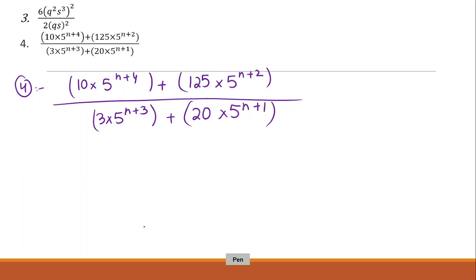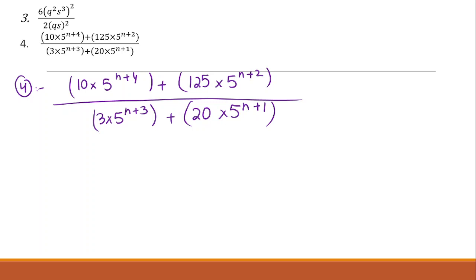Now the first thing we can do here, because of this 5 to the power n, in order to simplify this question, we need to get rid of this 5 to the power n, because we need to find an answer which is a whole number.